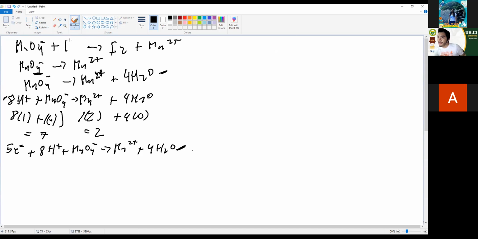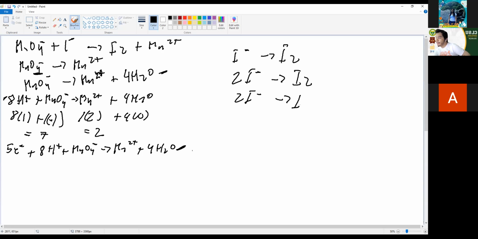So, iodine negative will yield I2. So, balance iodine. So, 2I negative will yield I2. So, 2 electrons dito. I0. So, 2I negative, I2 plus 2 electrons.